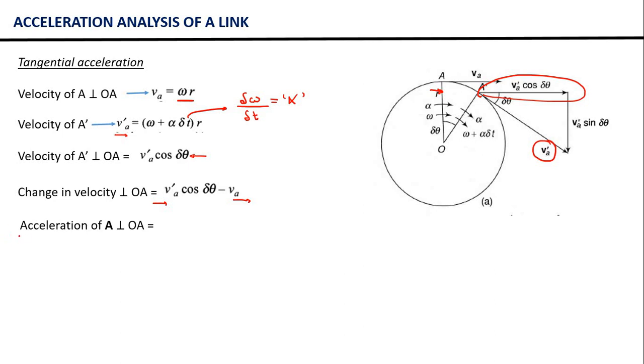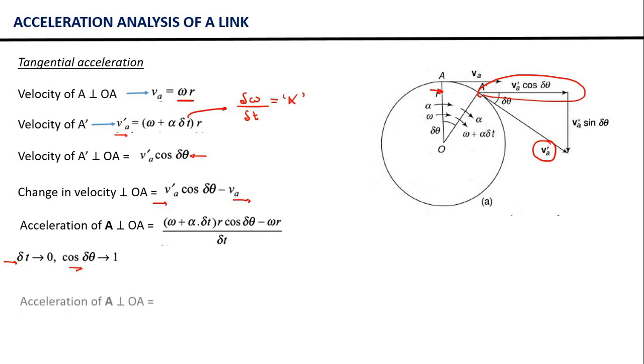Now we can define the tangential acceleration of point A, which is perpendicular to OA. It will be given by (VA prime cos delta theta minus VA) divided by delta t, and again we will put the limit delta t tends to 0. In that case cos delta theta will tend to 1, and finally we can solve this and we will get the final relation as r alpha.